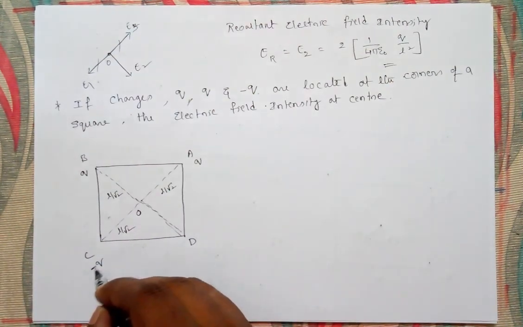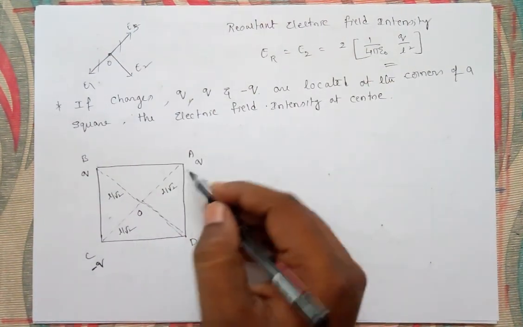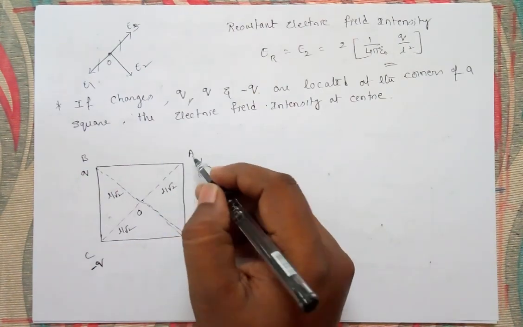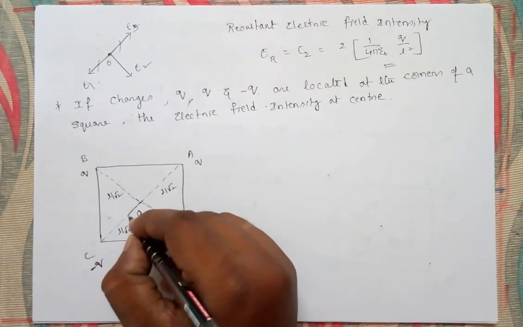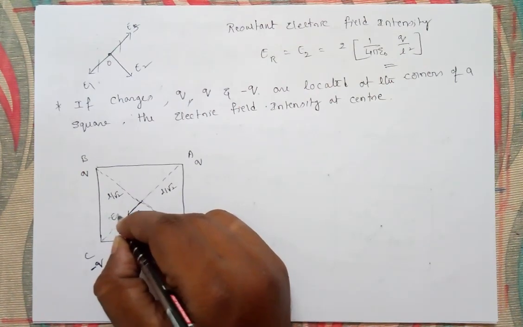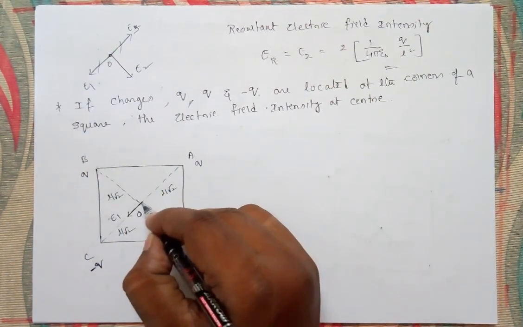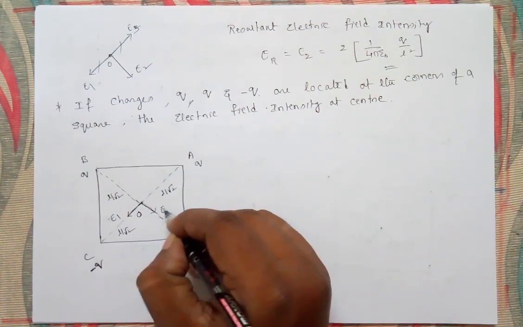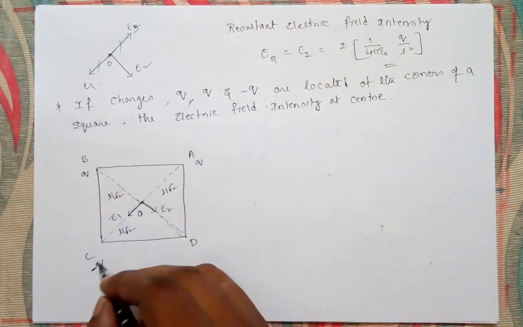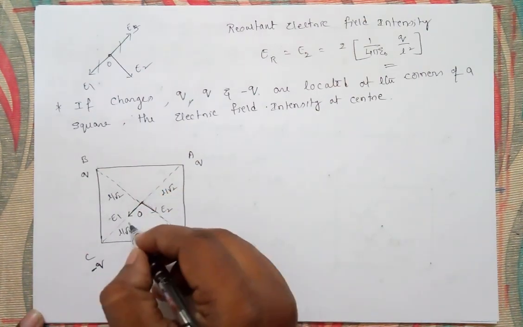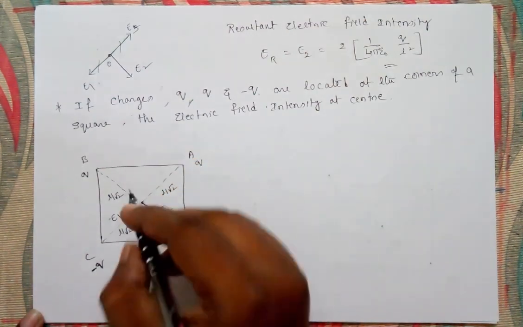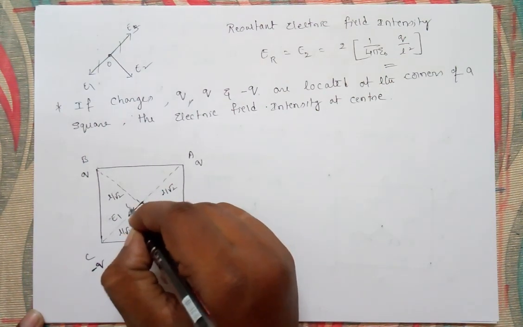Now one of the charges is negative. The electric field intensity due to the charge at A is away from it, that is E1, and the electric field intensity due to the charge at B is away from it, that is E2. The electric field intensity due to the charge at C, minus Q, which is negative, is towards it, that is E3.